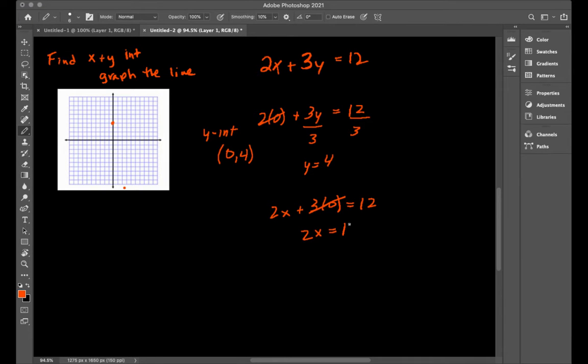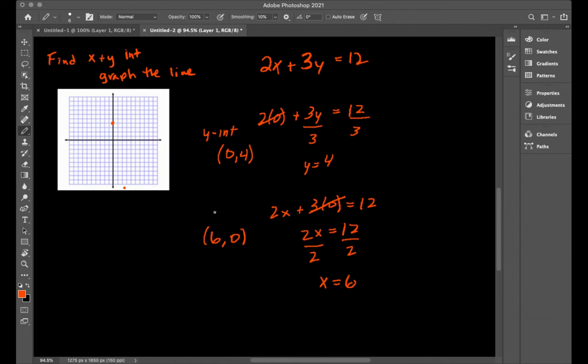And now from there, again, this is going to get much, much harder. So please don't think this is that easy. This is going to get much harder. Okay. So again, this cancels and this becomes x equals 6. Okay. 6. So then our x-intercept is 6, 0.